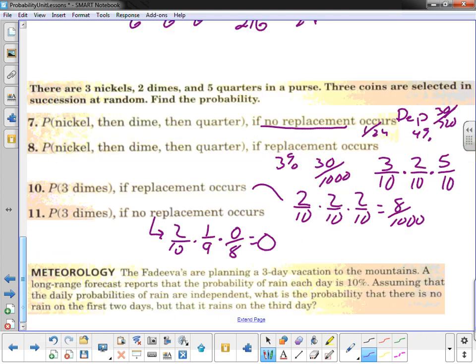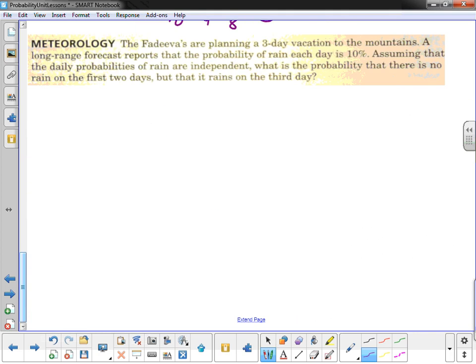Okay, last type of problem we're going to look at here today. The Divas are planning a 3-day vacation to the mountains. A long-range forecast reports that the probability of rain each day is about 10%. Assuming that the daily probabilities of rain are independent, what's the probability that there is no rain on the first 2 days and there is rain on the 3rd day? Okay, so how do we figure out this part right here?